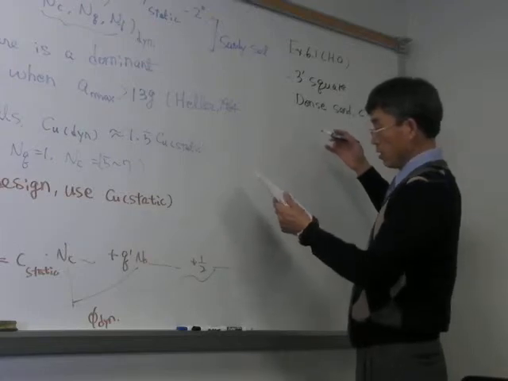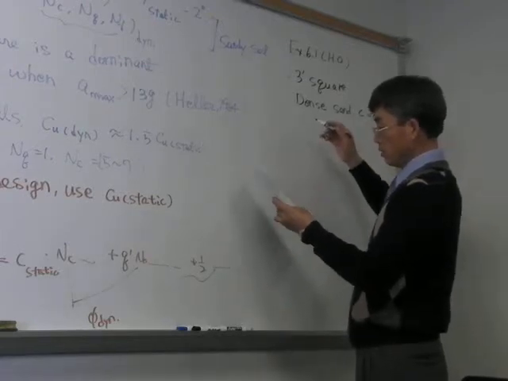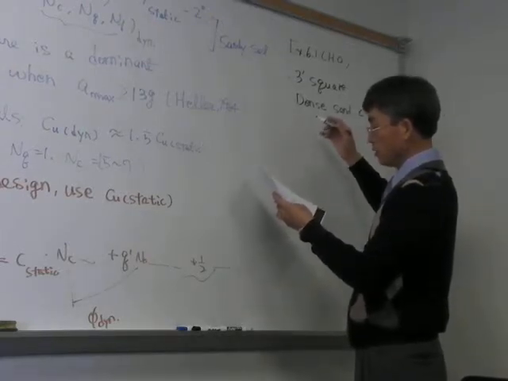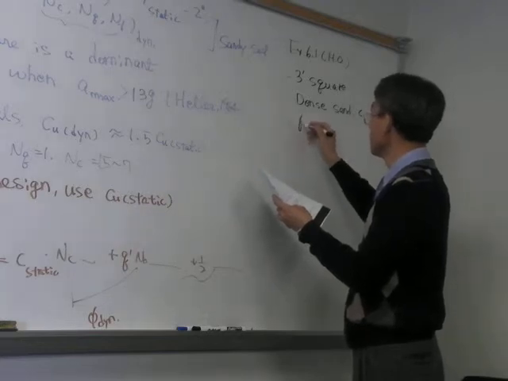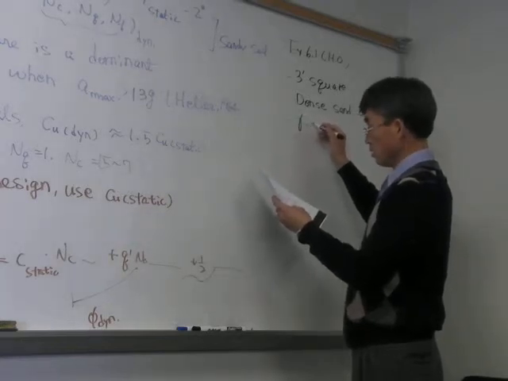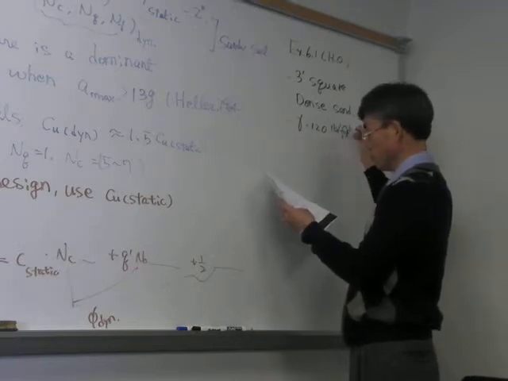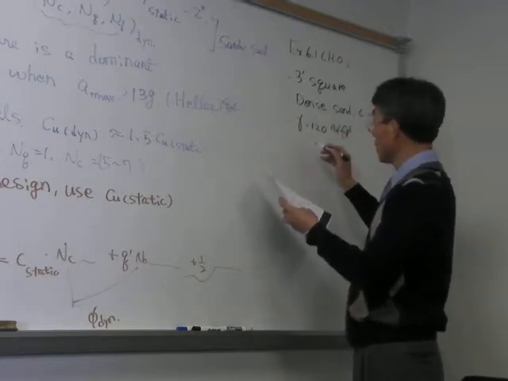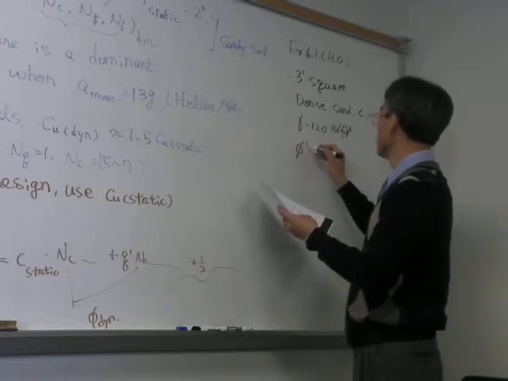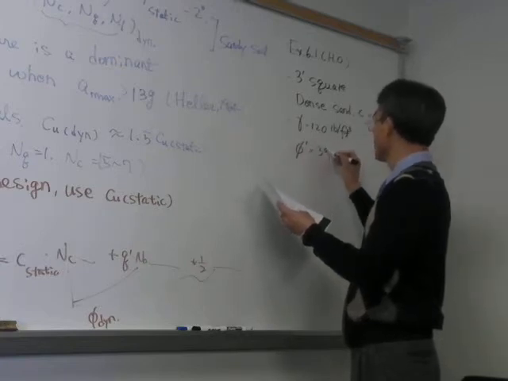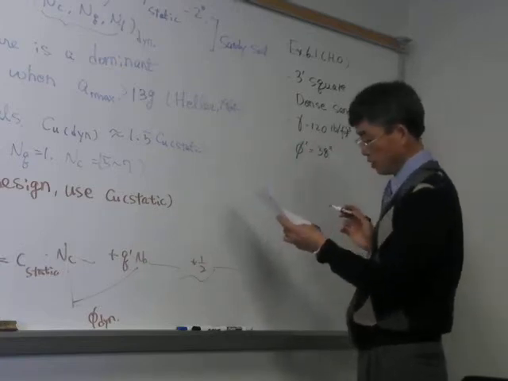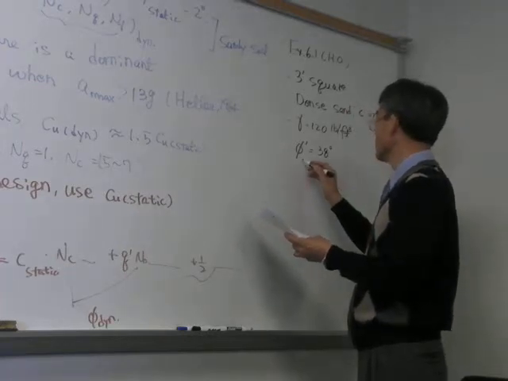It says relative density. We don't need relative density. Unit weight is 120 pounds per foot cubed. Internal friction angle is 38 degrees, set static.